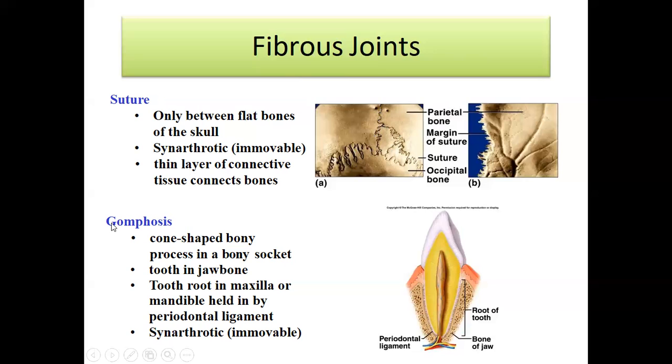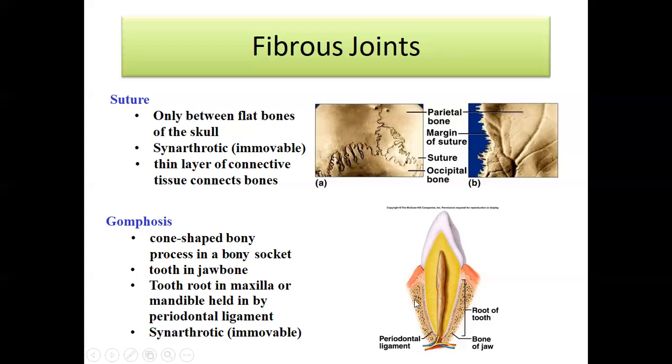Then you have gomphosis. I always hear gum when I hear the word gomphosis. These are cone-shaped bony processes in a bony socket. So the socket that your teeth grow in is a gomphosis joint. So your teeth in your jaw bones, whether it's the mandible or the maxilla, the root of the tooth is in the socket, creating that gomphosis joint, and that's held together by a ligament.